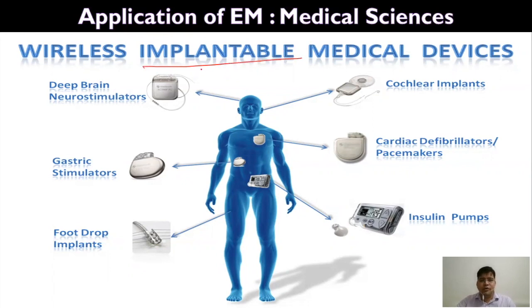Implantable devices can be implanted within the body, like the pacemakers we implant for heart surgeries, and some types of brain stimulators, neurostimulators, and gastric stimulators, and several types of medical equipment are based on the electromagnetic field theory, because they send some signals for monitoring, and it is dependent on the electromagnetic signals.